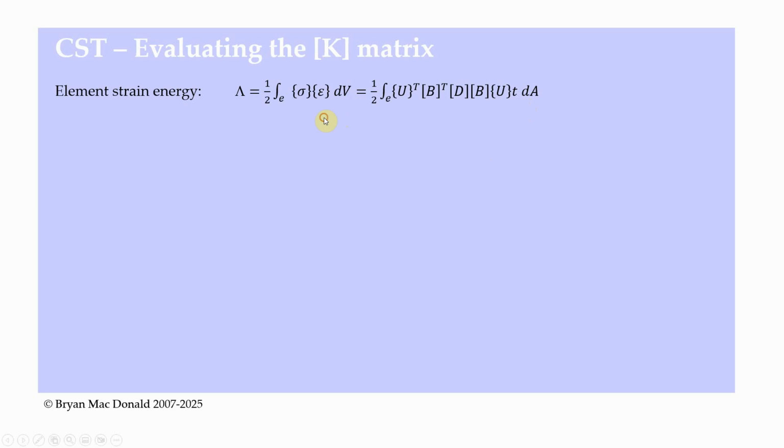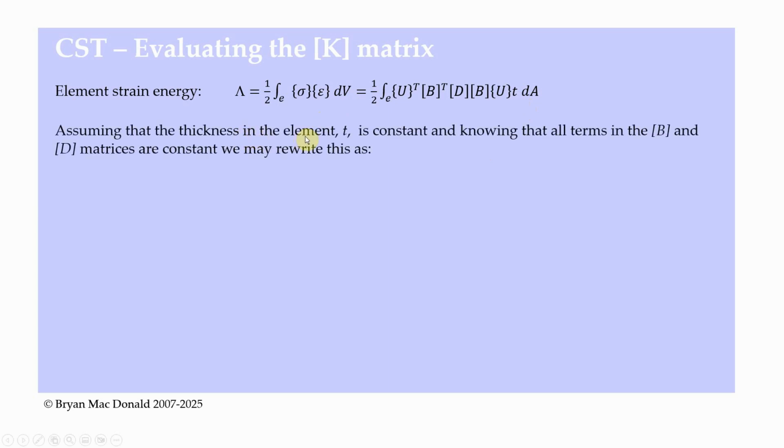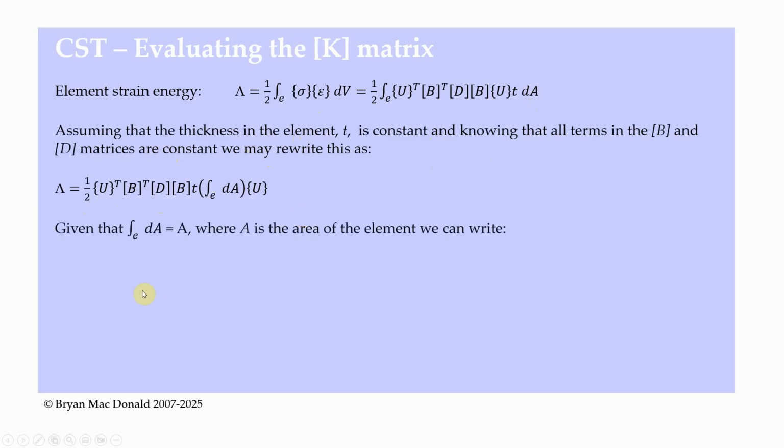So again, assuming the thickness in the element T is constant, and knowing that all terms in the B and D matrices are constants, we can rewrite that equation then as half U transpose B transpose D B T integration across the element of dA times U. And then, given that integration dA is effectively the area of the element, we can rewrite that equation again then as the strain energy in the element will be half U transpose T A B transpose D B U. So again, we have these transpose of these matrices in order to multiply them by each other. Okay, so we'll get into that when we look at an example in a few minutes.